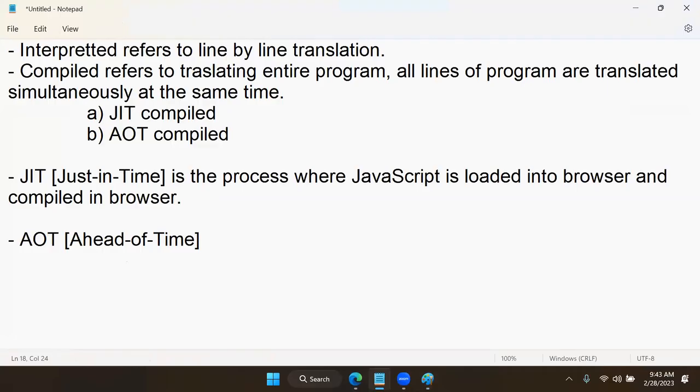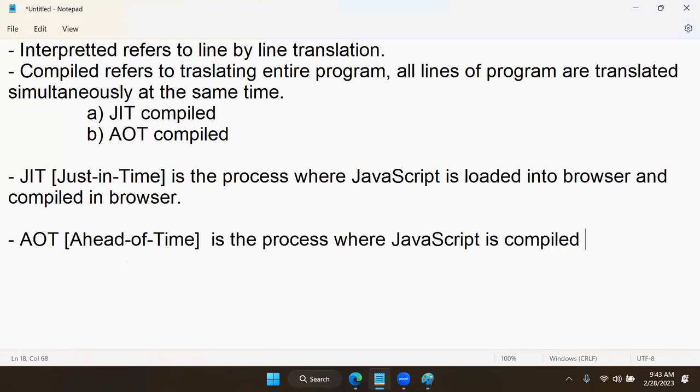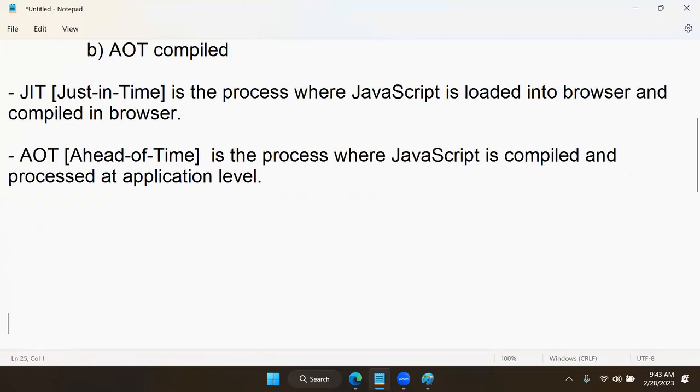What is AOT compiling? AOT compiling is the process where JavaScript is compiled and processed at the application level. At application level only it is done. And for that there are so many JavaScript compilers.